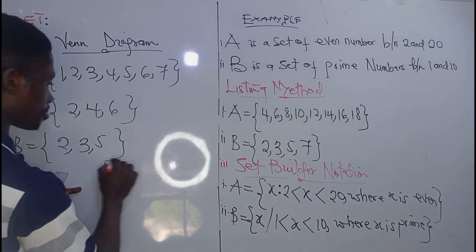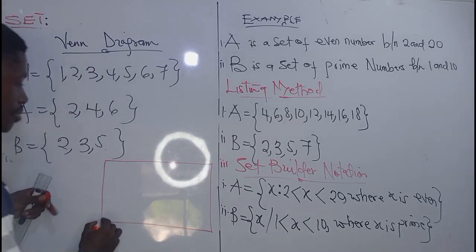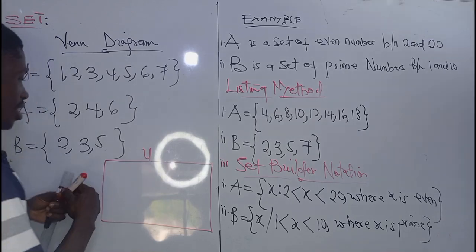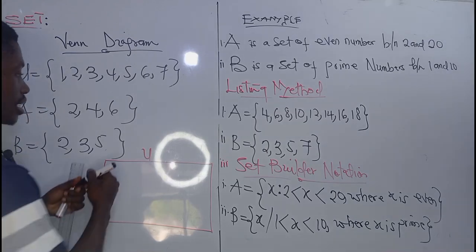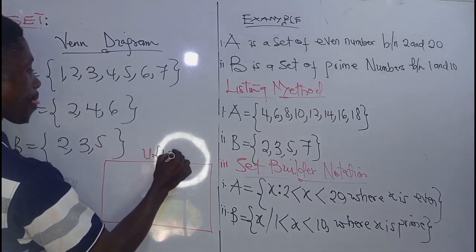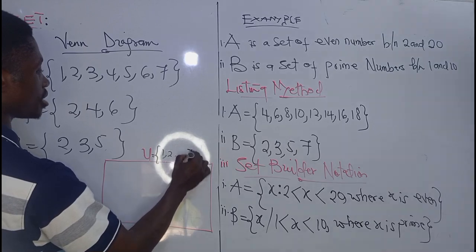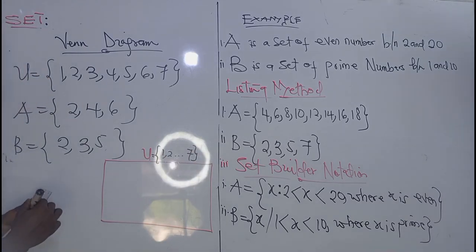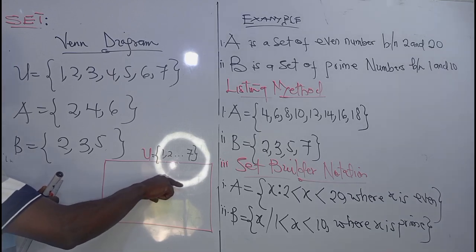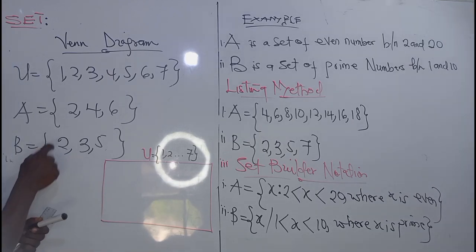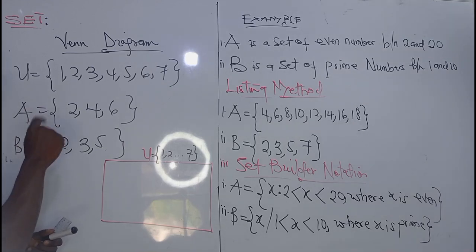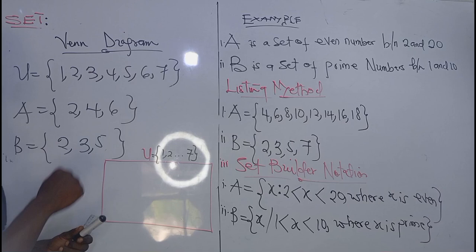We know that with the Venn diagram, we draw our rectangular box, and on top we have our universal set. So we are going to have 1, 2, up to 7. The number of circles that we are going to draw within the Venn diagram depends on the number of subsets that we have. We have 2 subsets, so we are going to draw 2 circles.